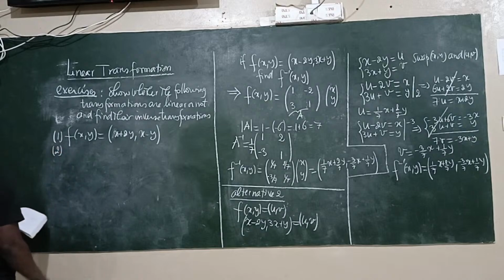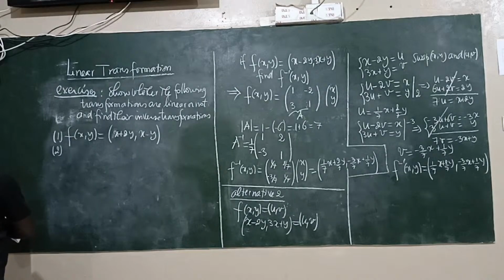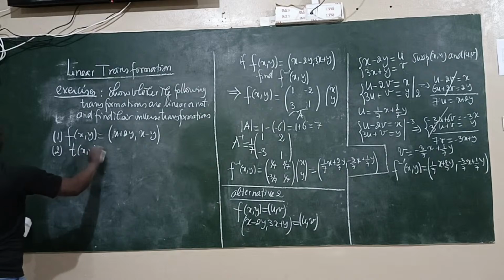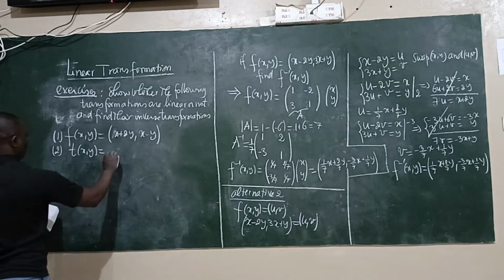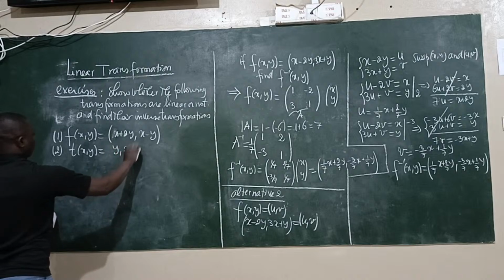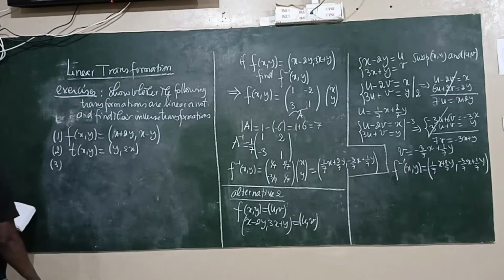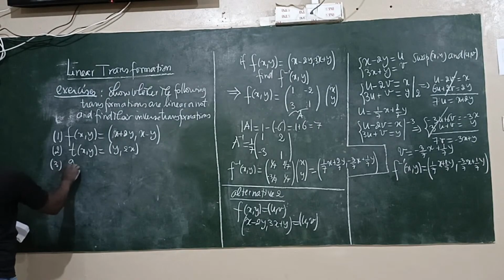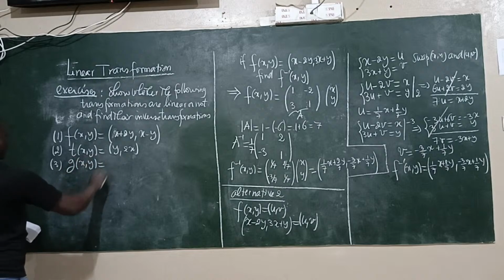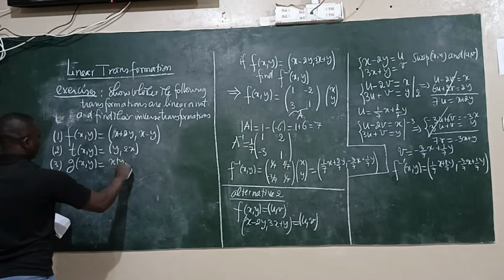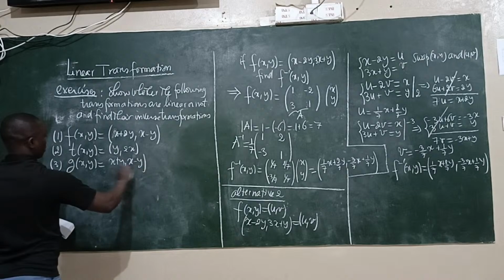The second one, let me have T(x,y), which is (y, x). 3 is about g(x,y). It's going to be (x plus y, x minus y).